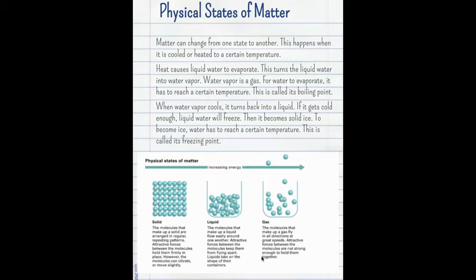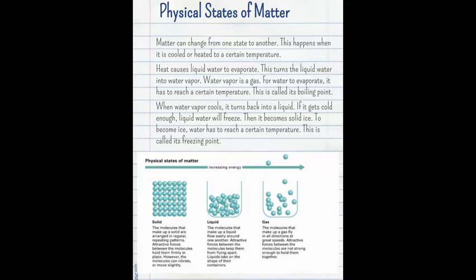So matter can change from one state to another. We know that. As we go from a solid to a liquid to a gas, we are increasing energy along the way. But it all is about temperature. When we're saying adding energy, that can also be substituted for turning up the temperature. So let's say you have an ice cube, and then the ice cube melts in a pot.